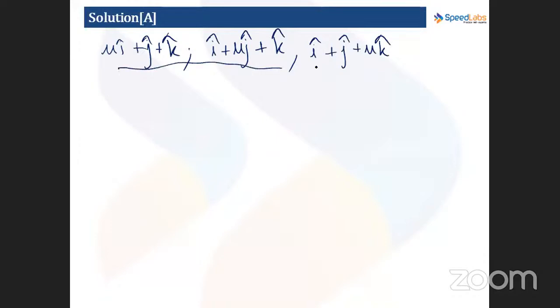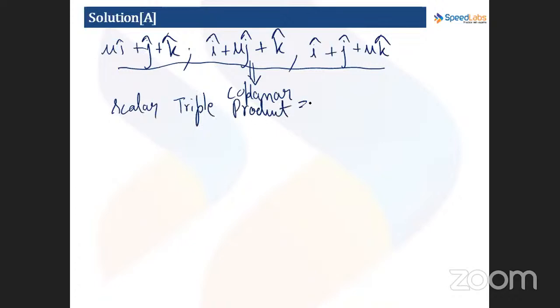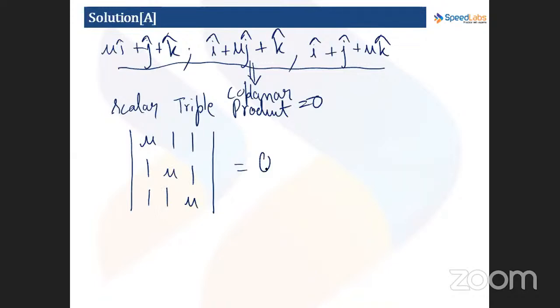So as these are coplanar, their scalar triple product is 0. What is scalar triple product? Simply the determinant of the three vectors. So it is mu 1 1, 1 mu 1 and 1 1 mu, and this is equal to 0.